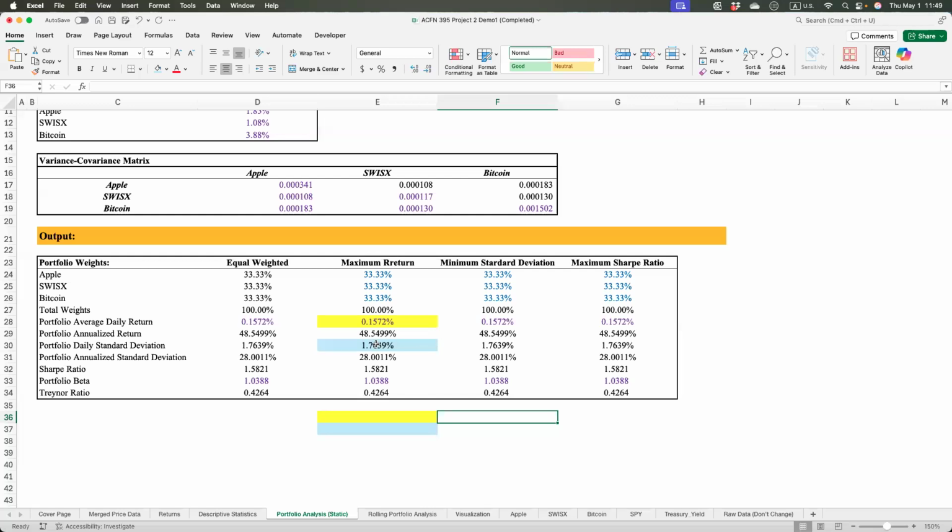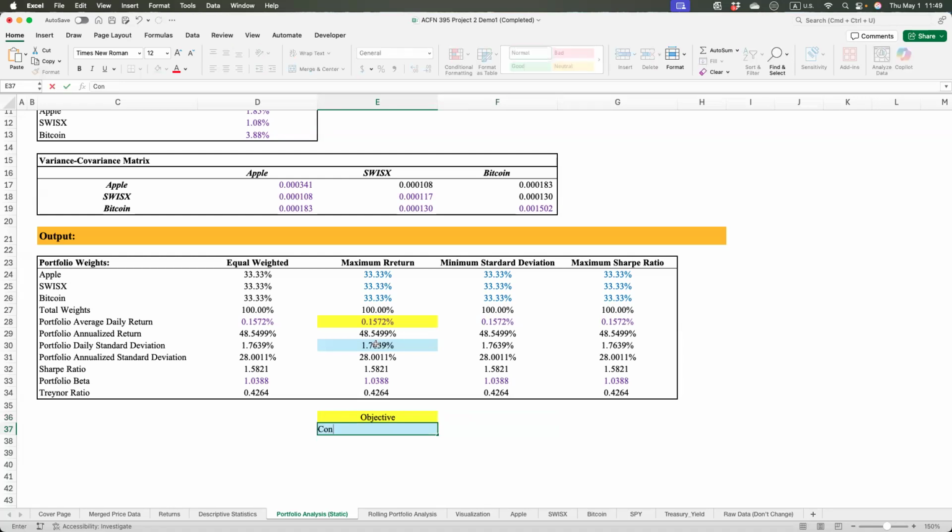You do not have the highlights in your reports. Basically this yellow means this is our objective for optimization, and this is going to be our condition or constraint. So let's get started.